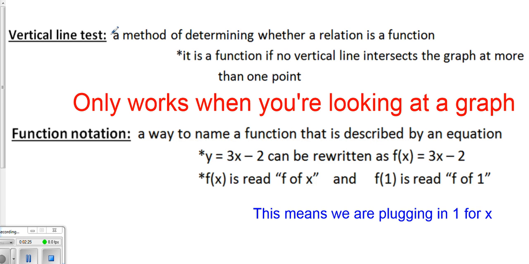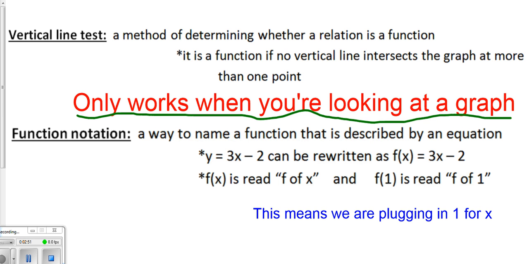The vertical line test is a method of determining whether a relation is, in fact, a function. This is how the vertical line test works. It is a function if no vertical line intersects the graph at more than one point. Now, one thing to know is this only works when you're looking at a graph.